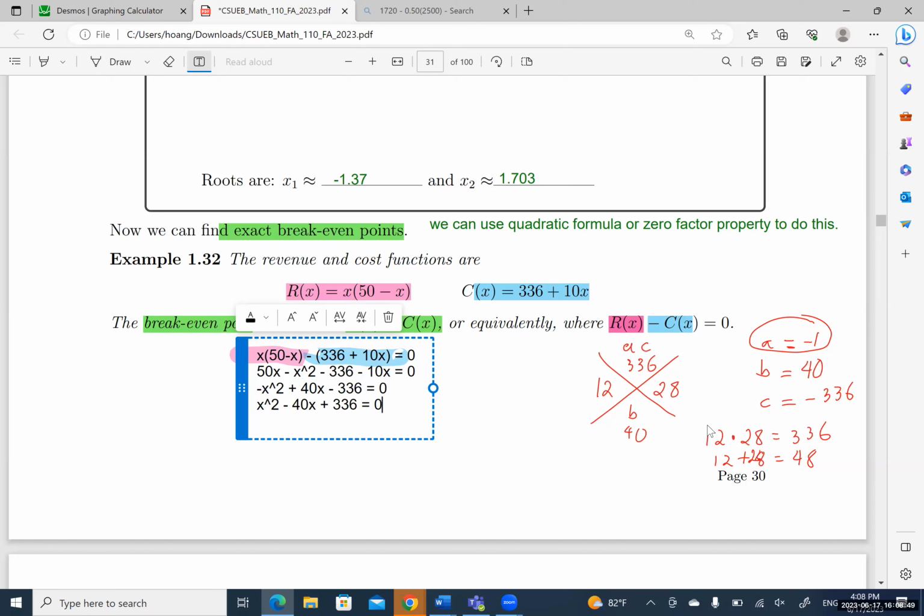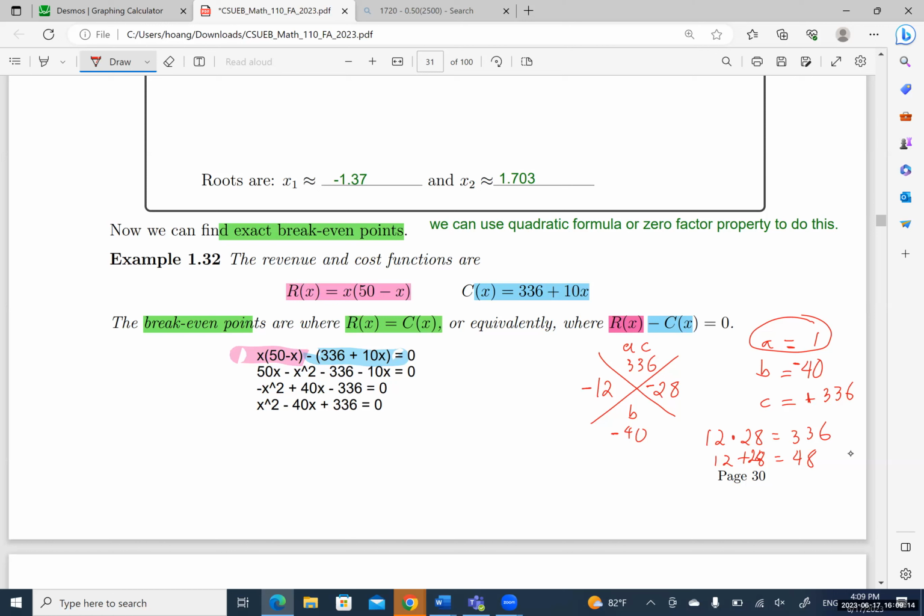Okay, so now I don't have the negative. I just have 1 in here. And B is going to be negative, C is positive. So I make this negative here. And then these two numbers become -12 and -28.